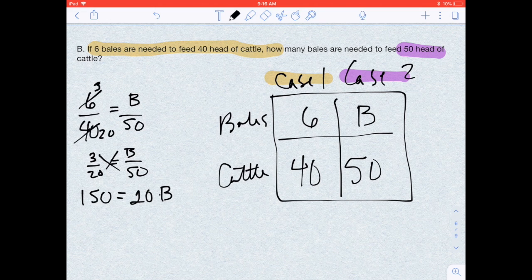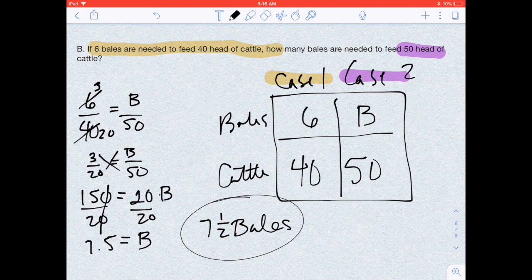Okay, so now I need to divide both sides by 20. And that's going to give me, cancel these out, 15 divided by 2 is 7.5 equals b. So it's going to be 7.5 bales that I would need for 50 head of cattle.